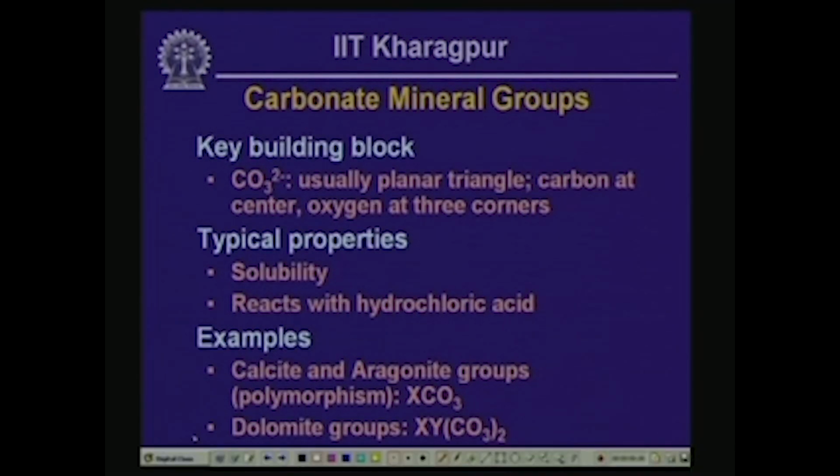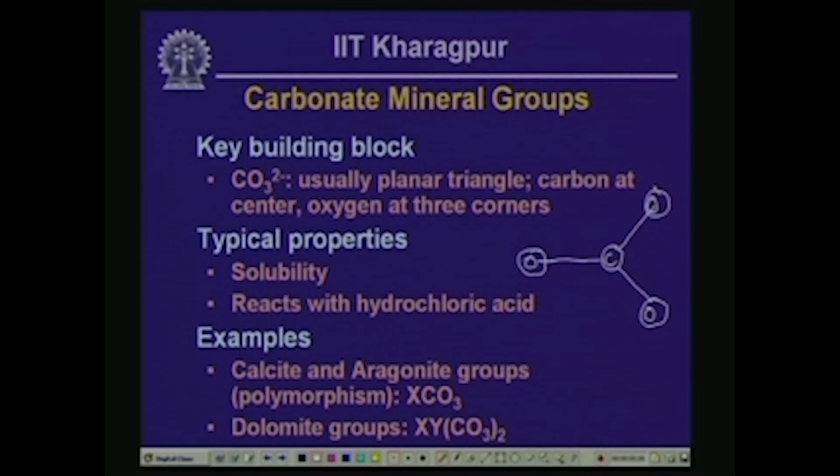So what you have got in this case is the carbon atom at the center, and then you have oxygen ions at the three corners of the triangle. So basically this is the carbonate type of structure.